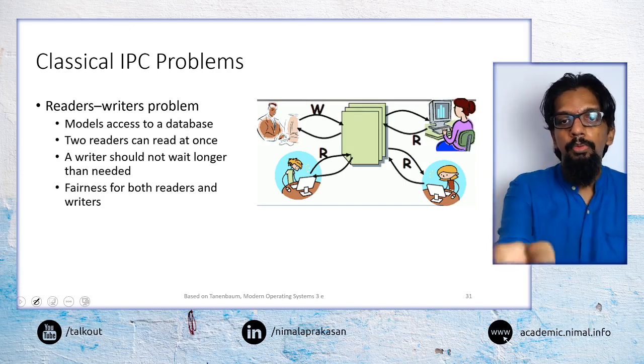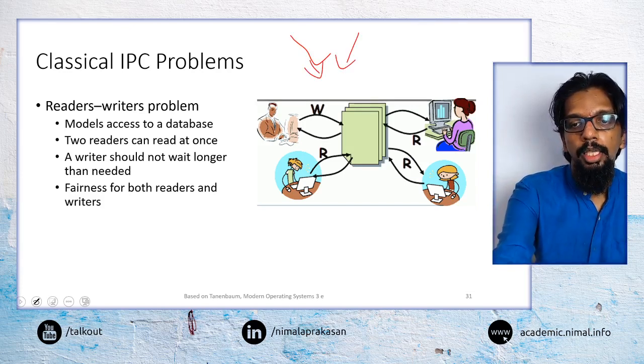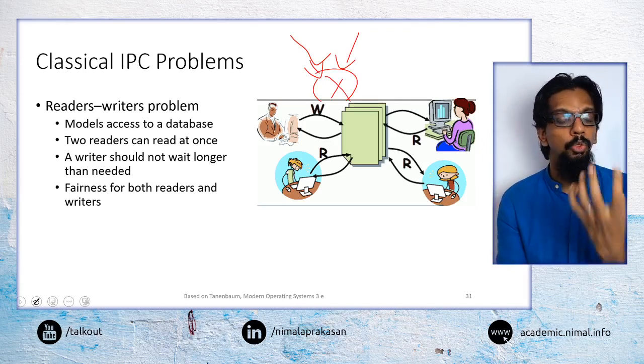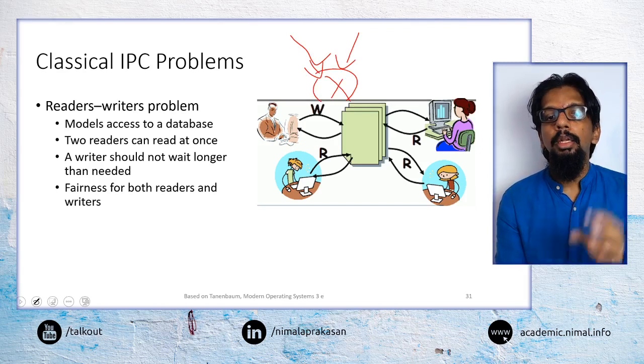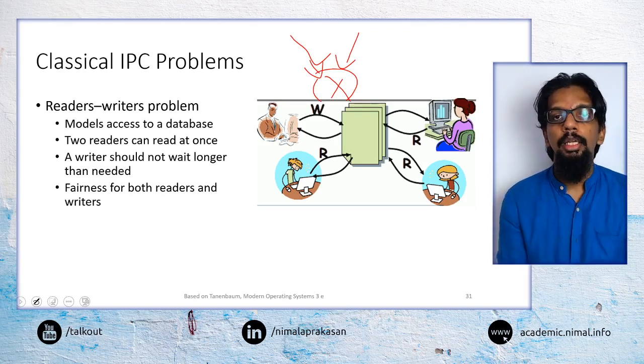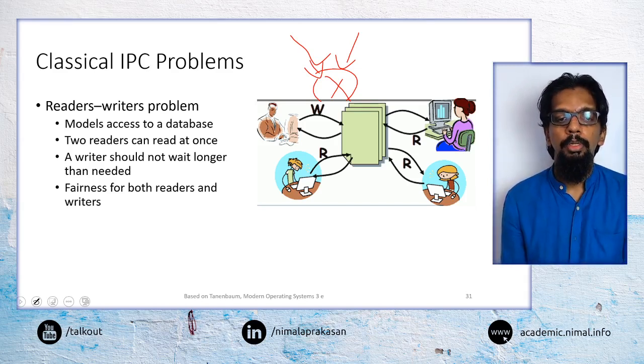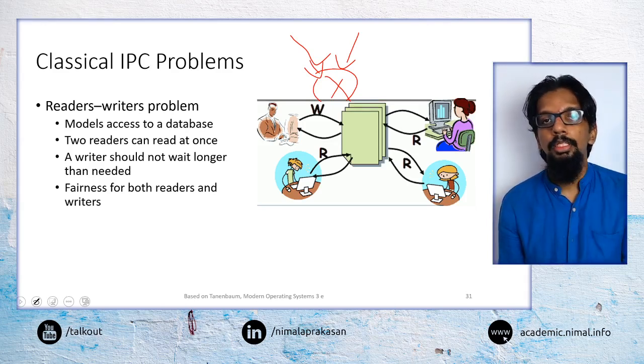So it is the same problem of multiple people accessing the same data store and corrupting or replacing the data. But we can have multiple people reading, because when they are reading, they are not affecting the data, they are just taking it out. So reading can happen for multiple people, but writing can only happen for a single person.